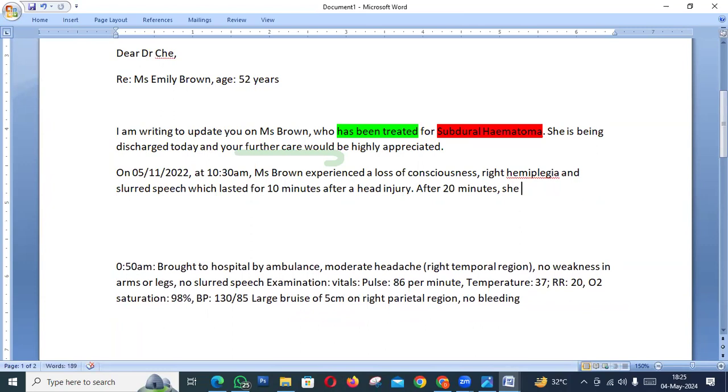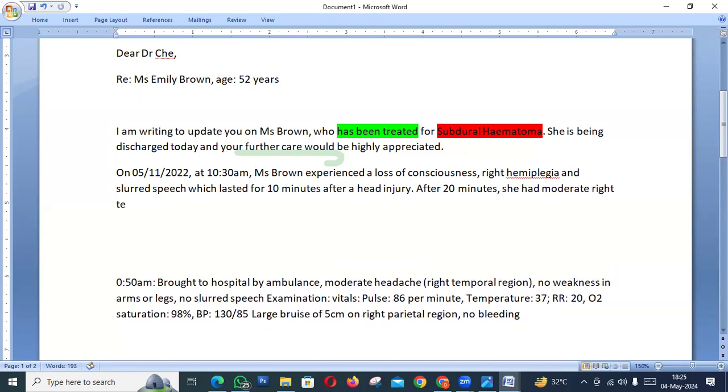After 20 minutes, she had moderate right temporal headache. Yeah, you can write like this. Just mention all these things together.